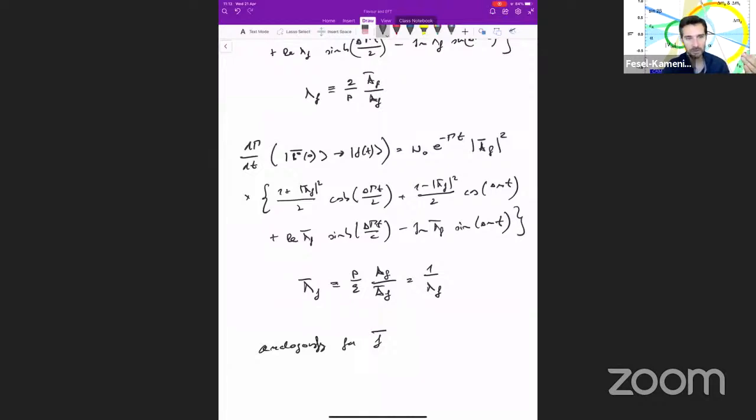Okay, so for example, starting from a B, it oscillates, but it decays when it's in the B state, not the B bar state. So there is no net oscillation.